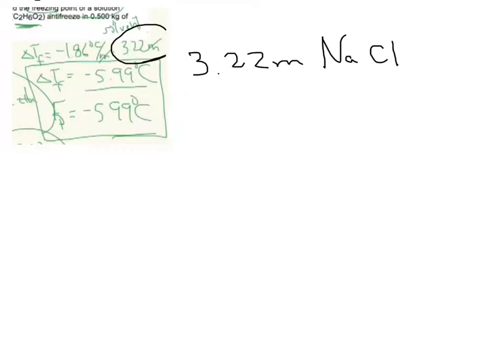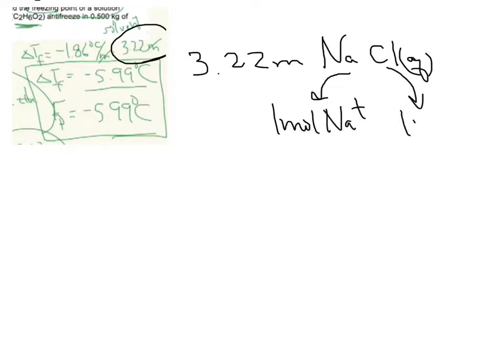If you have that 3.22 molal solution of sodium chloride, what you've got to remember, with this being in aqueous solution, is that you're going to have 1 mole of sodium ions and 1 mole of chloride ions produced for every 1 mole of sodium chloride.